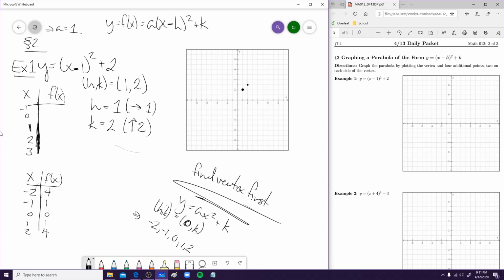So my second point is (2, 3). And then for (2, 4), I'm going to start at (2, 4) and go up 2 and over 1. Then since you know about the axis of symmetry, we know that it's going to look like this.